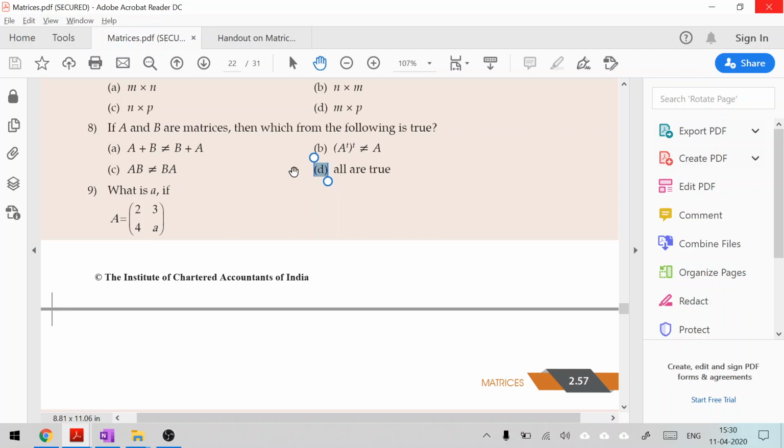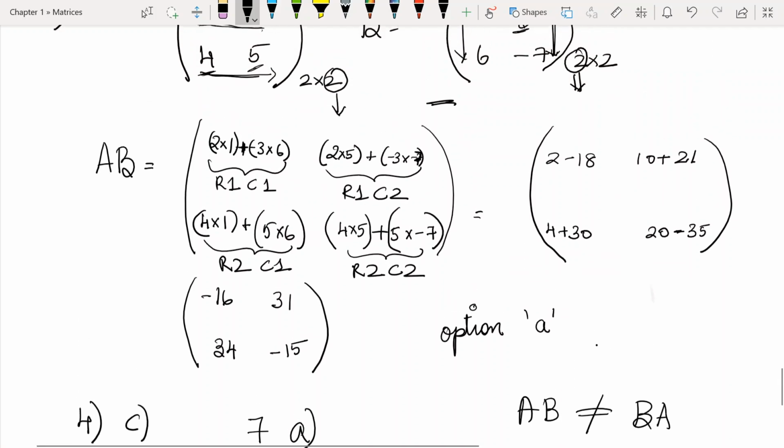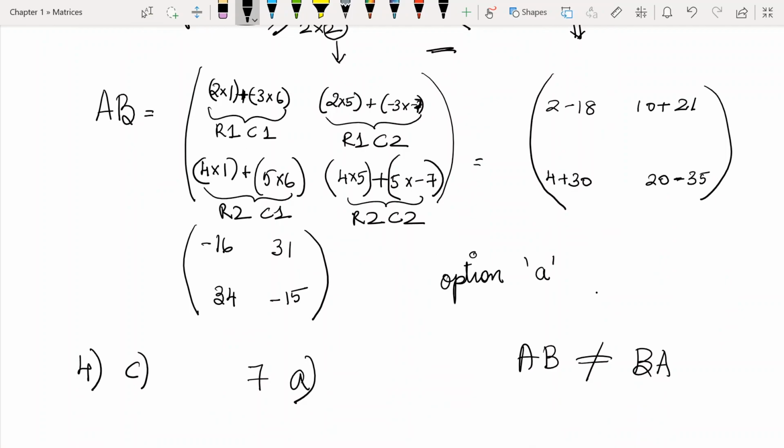So now look at option C. AB is not equal to BA. It is true that AB is not equal to BA. You know why? Because see in this question, when we multiplied AB, and when you multiply the other way around, the B matrix comes first and then the A matrix will come.